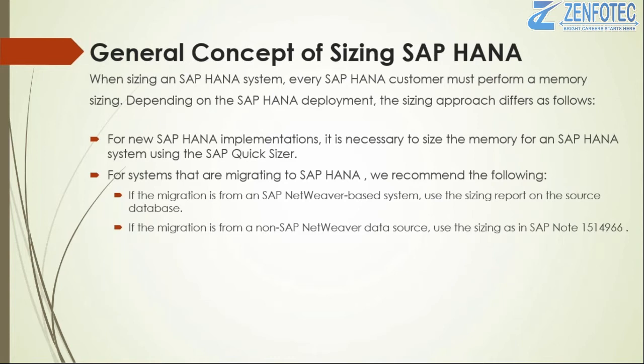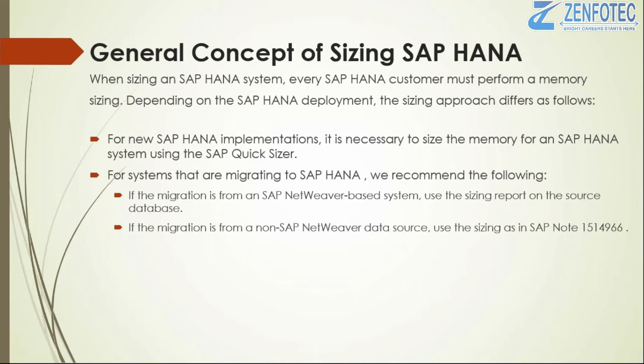We have different scenarios in HANA. For a fresh greenfield implementation, we have to use the Quick Sizer tool, if it is totally fresh. If it is a migration project, where you're running your SAP application on Oracle or a non-HANA database, then you have to run sizing scripts. Based on that, you run the report, and it will automatically give you the recommended memory required for the HANA database.